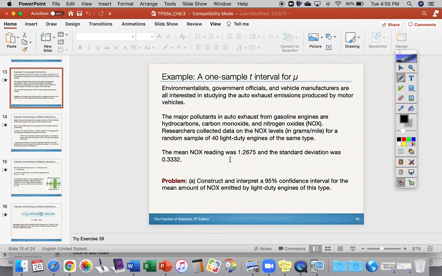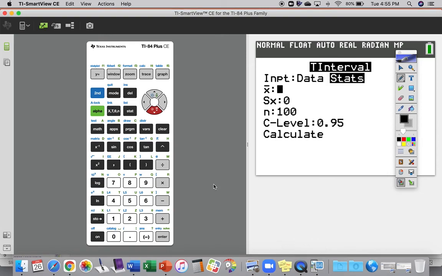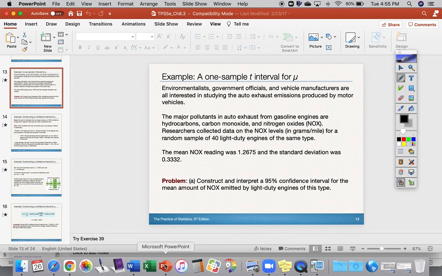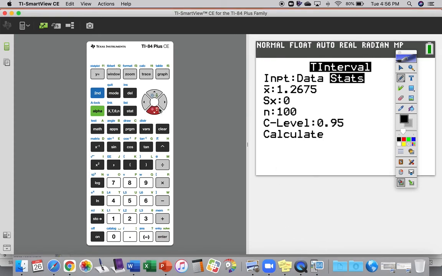Right here, the mean is 1.2675. Type it in. Standard deviation is 0.3332. So I type in straight from the question that Sx is 0.3332. Sample size was 40.